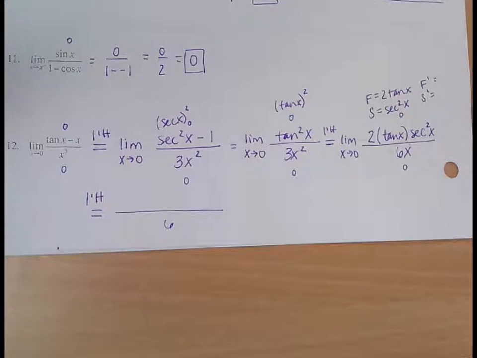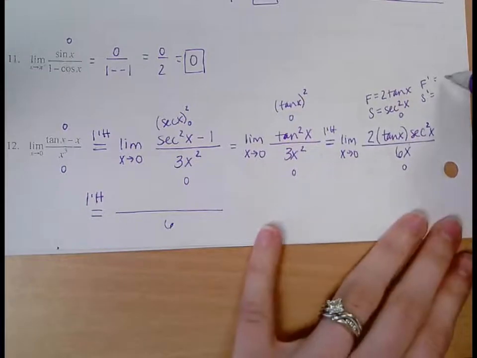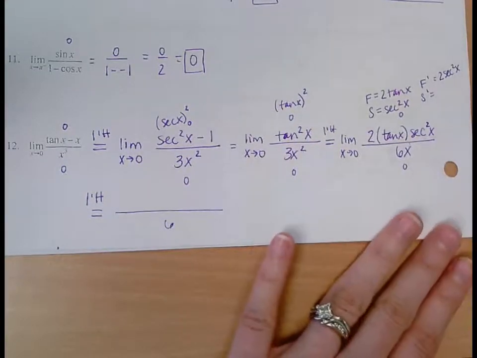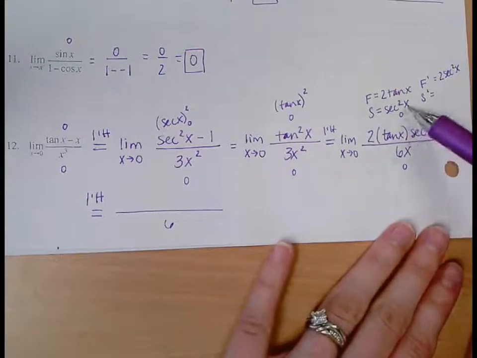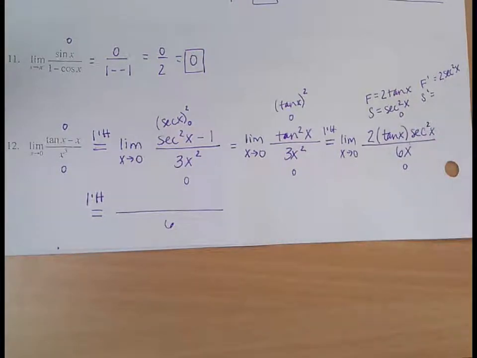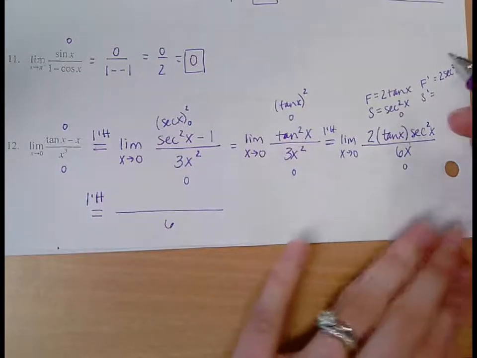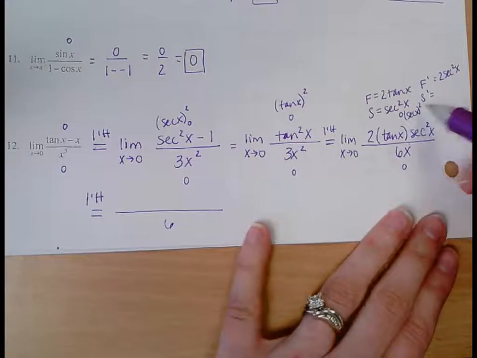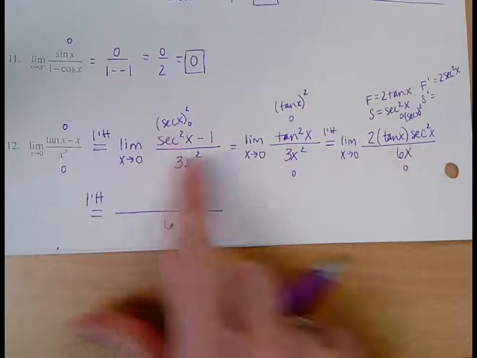All right. So derivative, so product rule, derivative of the first is 2 times secant squared x. But for secant squared x, you do need the chain rule because this is really secant x squared. So it's kind of like what we had over here.